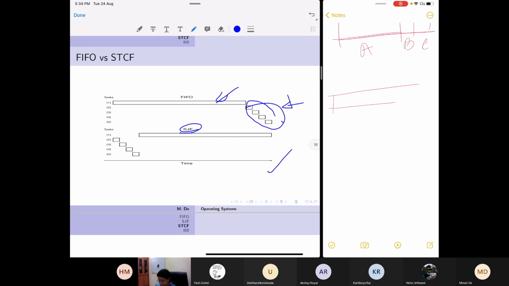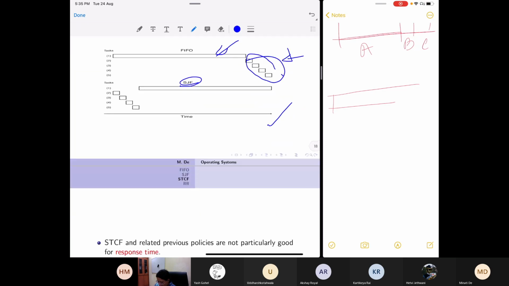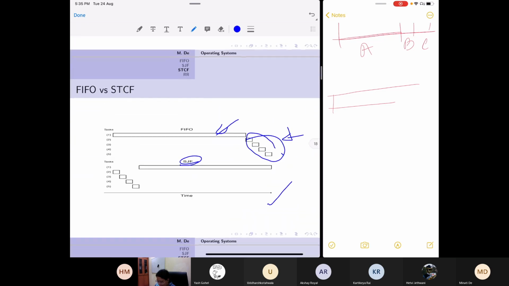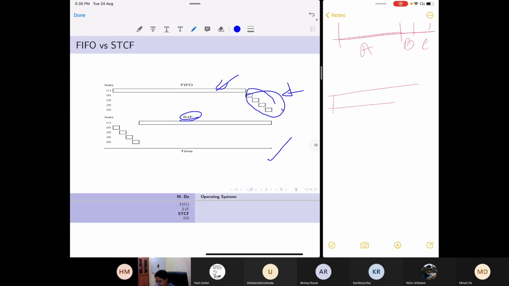So turnaround time is less, and with respect to response time also, STCF is performing better than FIFO, right? Okay, very good. If you compare FIFO and SJF, then STCF or SJF, whatever, STCF is better than FIFO, right?